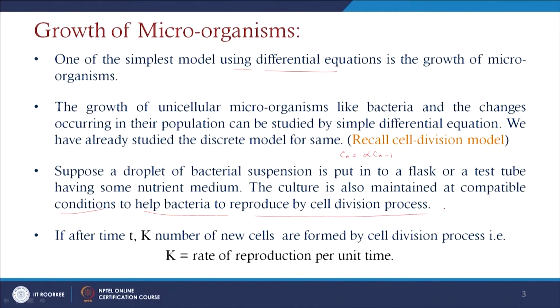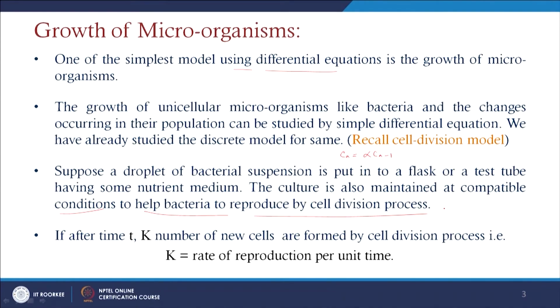At each time, the cell will be divided to give new cells, so the cell level increases. After a certain time, once cell division has started, you will have a huge number of cells in the population.